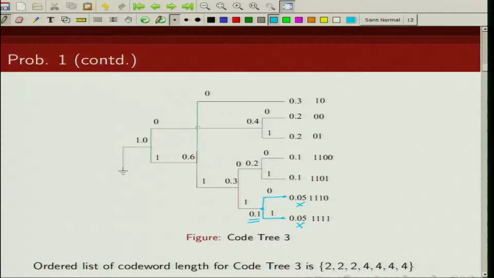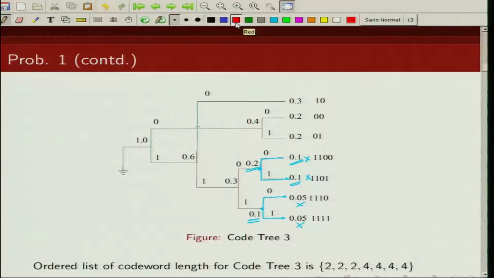Next we have a node with probability 0.1, a leaf with probability 0.1, and another node with probability 0.1. We can combine any two of them. If we combine these two, we get a new node with probability 0.2. We deactivate these nodes.